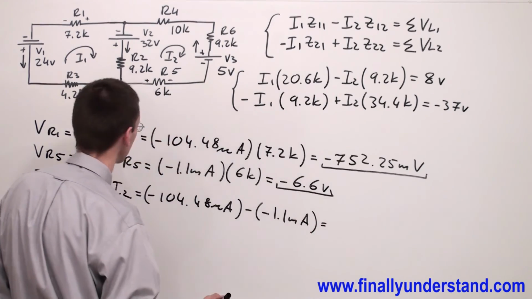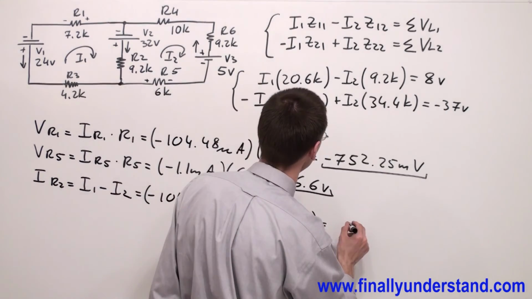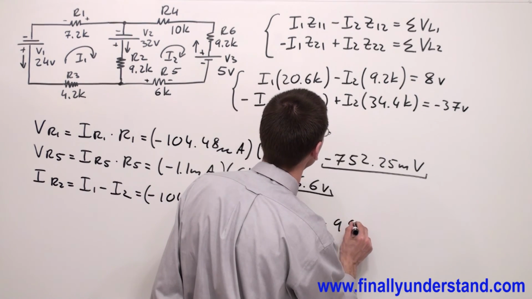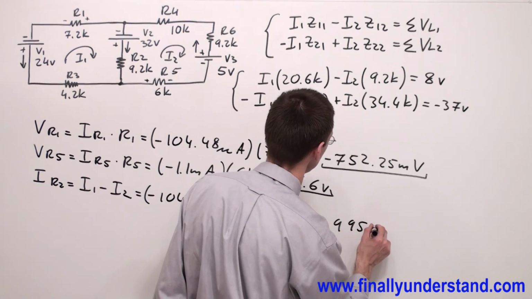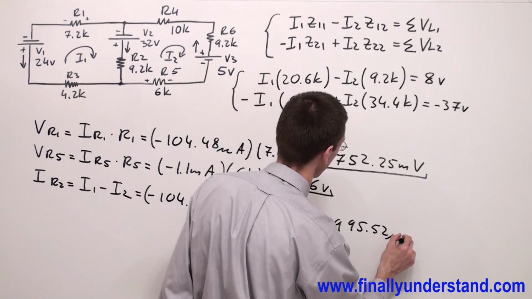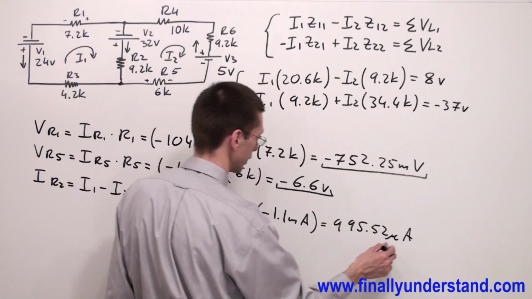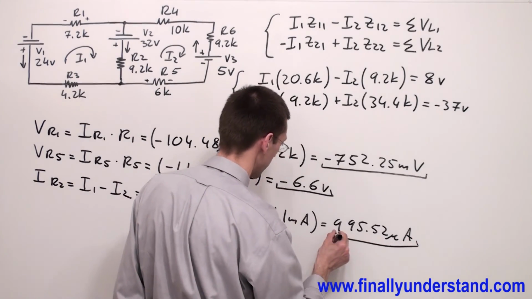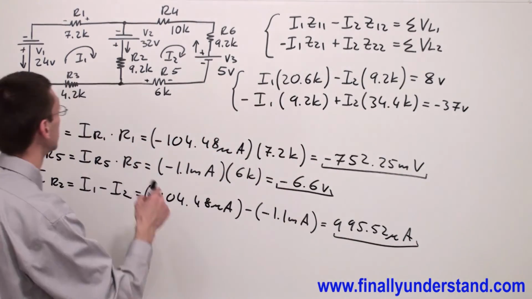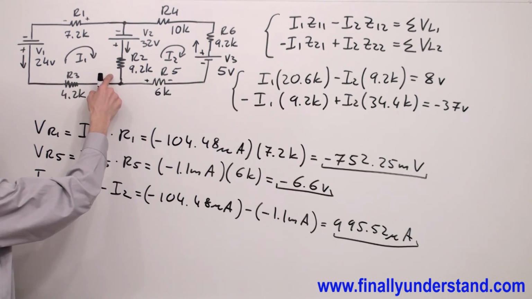This is equal to 995.52 microamps. This is the current at this resistor.